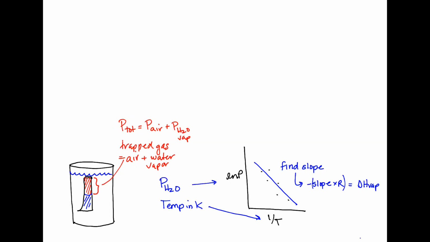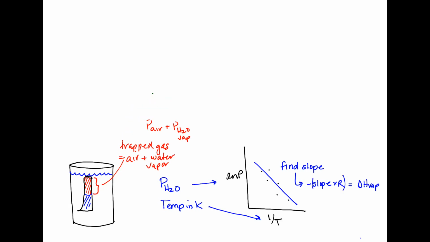But when we measure the pressure of the gas, we're going to get all of them together. So what we're going to do is measure the total pressure. That's actually the room pressure, which we call the barometric pressure. We're going to measure that total pressure, and then subtract out the partial pressure of air.